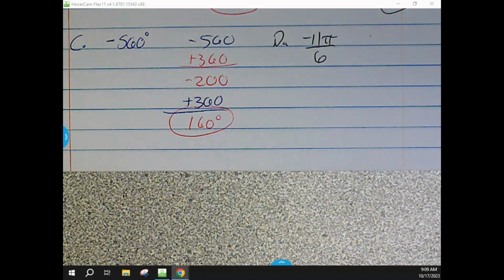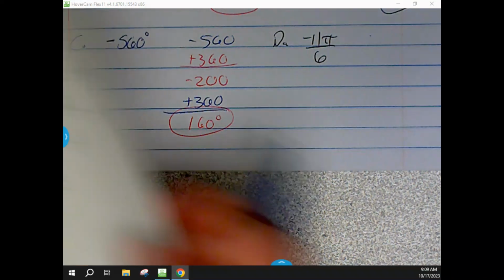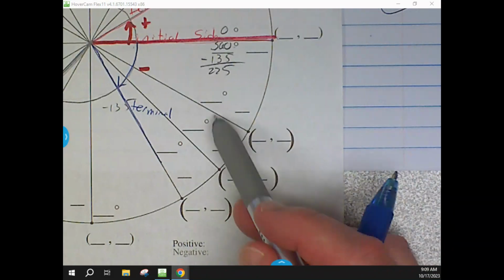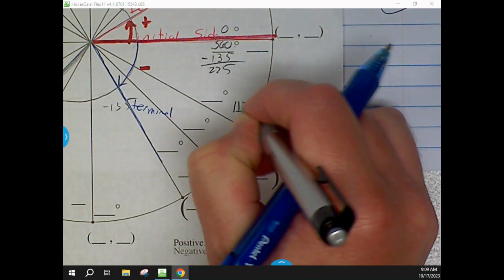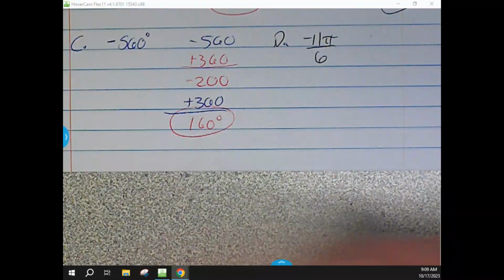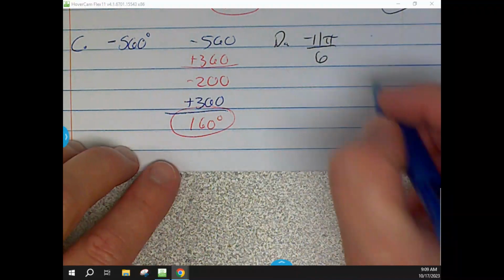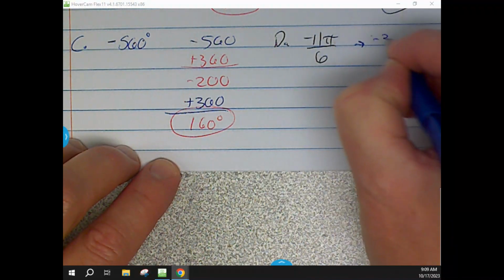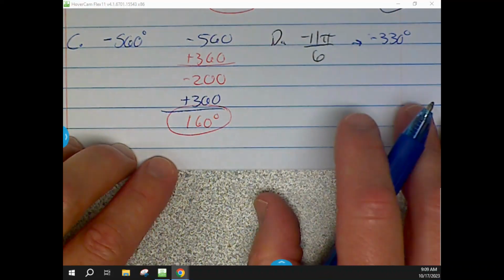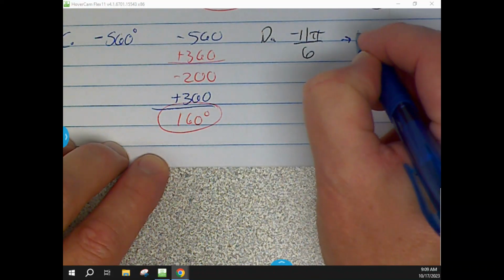If it's negative 11 pi over 6, you're going to go in your unit circle, figure out where 11 pi over 6 is, and go with the degrees in that case, which for that one would be here. That would basically be 330 degrees. So if it's negative 11 pi over 6, just think that's negative 330 degrees. Okay, so that's a negative number.